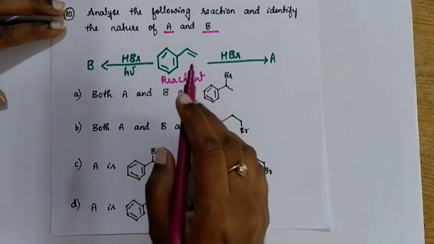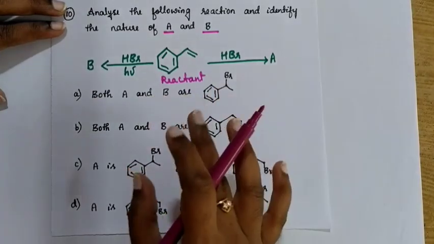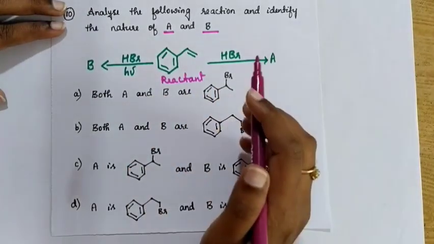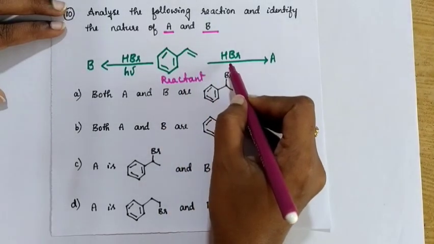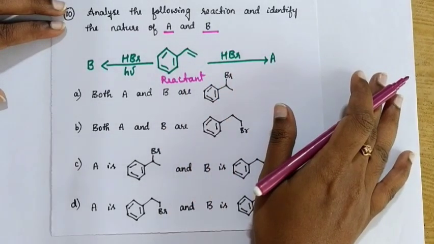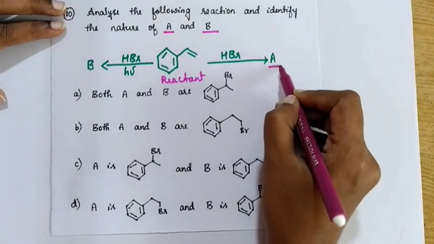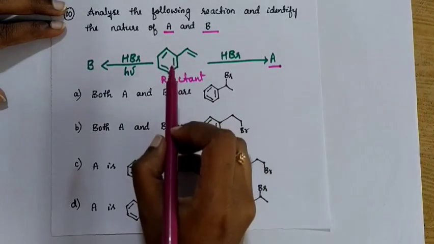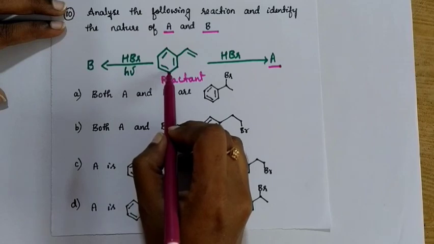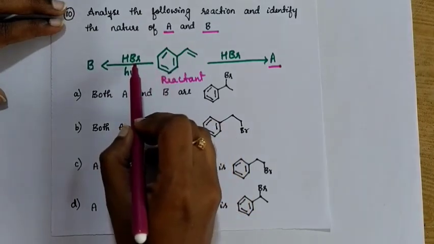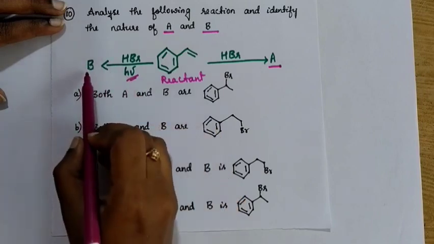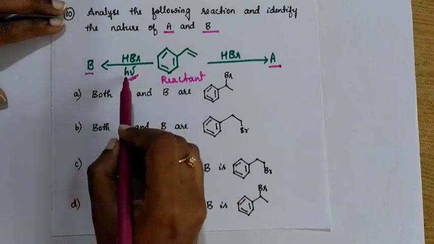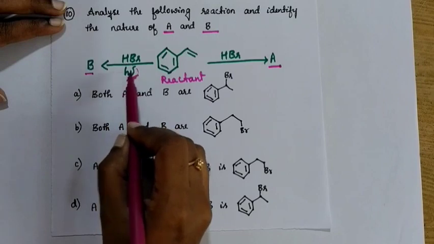And they have given two different types of reaction. The first is this reactant reacting with HBr without any condition to form product A. And the second is the same reactant reacting with HBr in the presence of light to form product B.